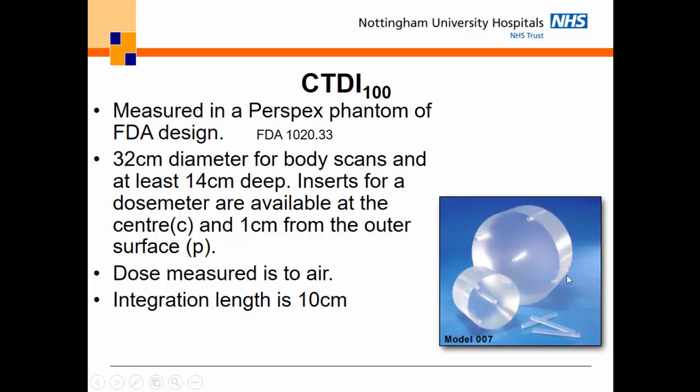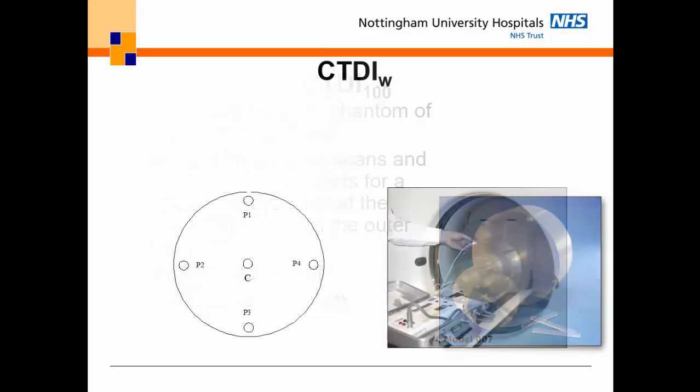It's 32 centimetres in diameter, 14 centimetres deep, and we basically use that as a representation of a patient. Okay, and you'll probably realise that not many patients look like that. So it's a representation.